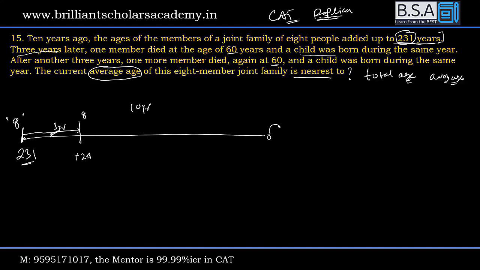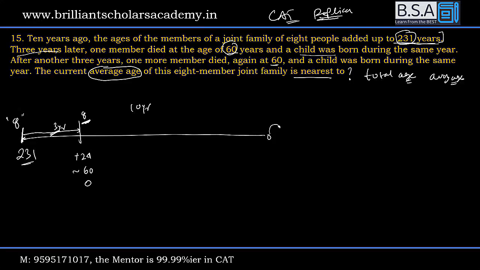At this point of time, one old member at the age of 60 passes away. So 60 will be deducted from the total because a member is passing away. The age of the child will be taken as 0. A child is born. 8 does not change. Members remain 8 throughout.